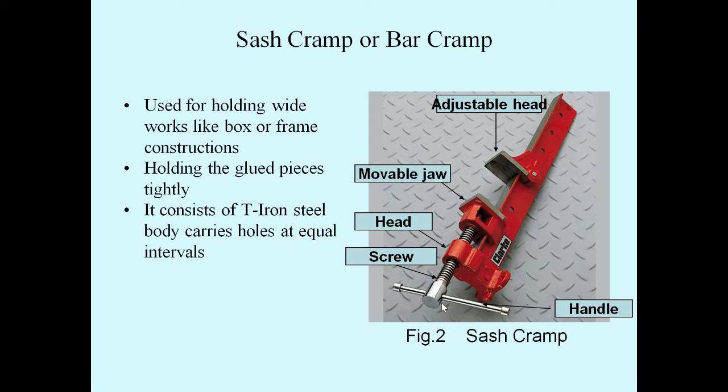It consists of T iron steel, which we can see here. It has a steel body that carries holes at equal intervals. On the body we have a number of holes here at equal intervals.